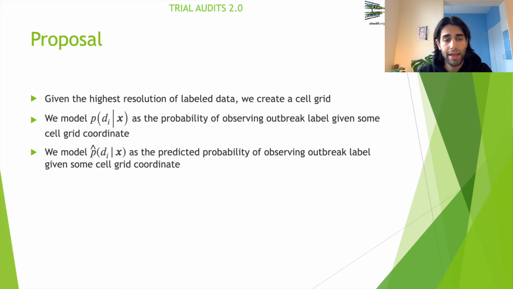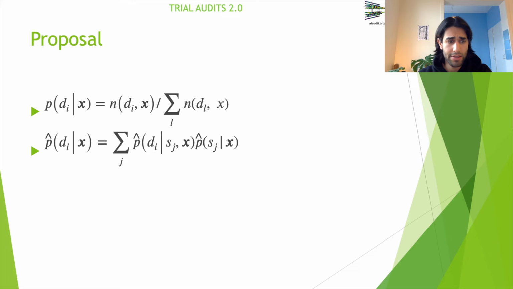And P hat of I given X is the same, but as the output of the algorithm. So this is our predicted value. So we can eventually do a cell-wise comparison of the data to get a score on how good our algorithm is doing.